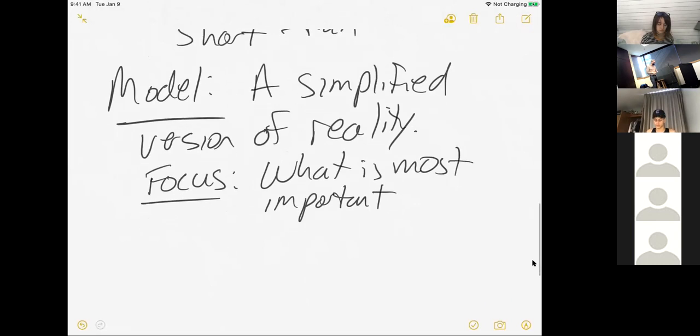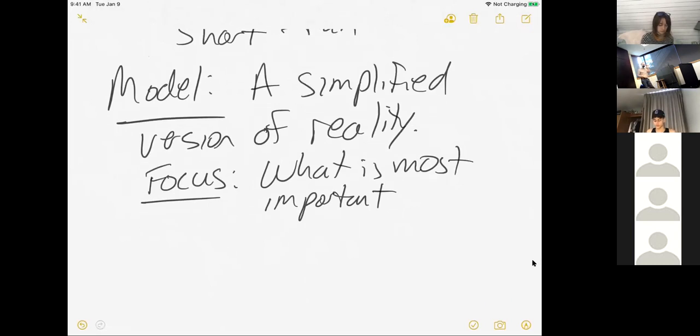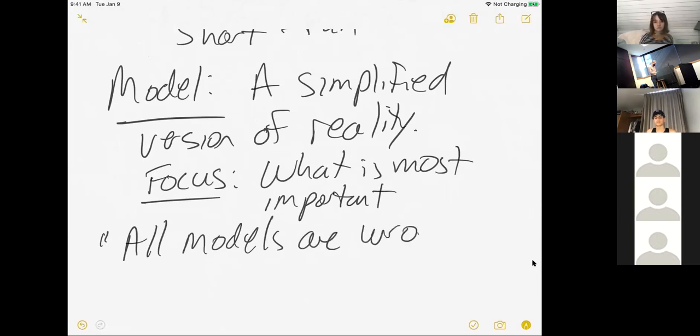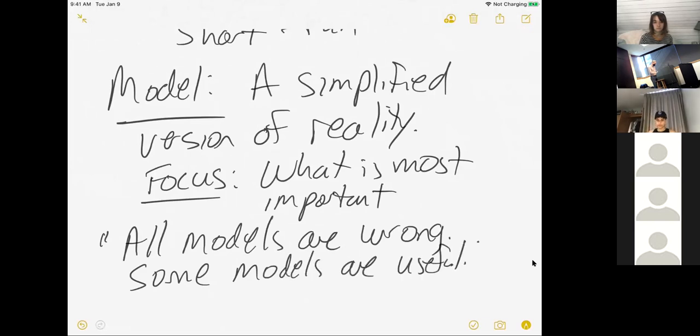So if I can give you the best way to think about a model, it's this. All models are wrong. Some models are useful.